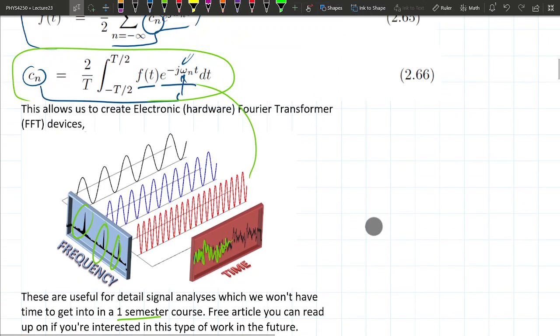The way to separate all these frequencies is to multiply that signal by a sine and cosine function and then do an integral. In order to do an integral, you just need an RC circuit. And that's sort of an interesting thing.